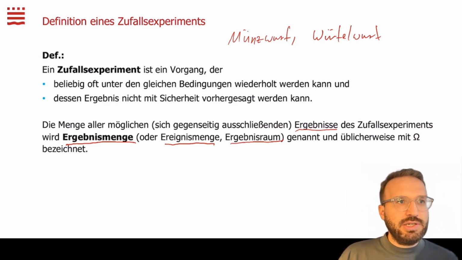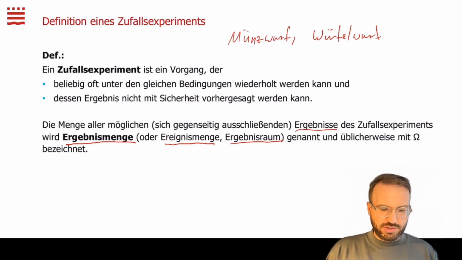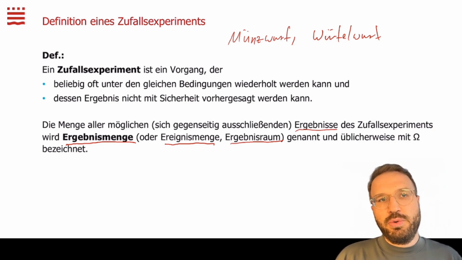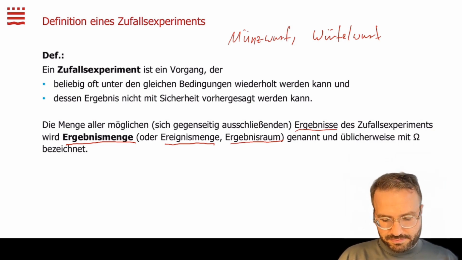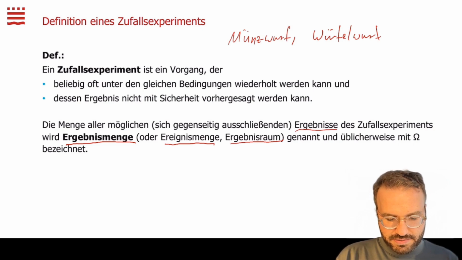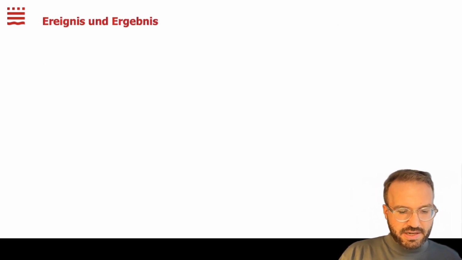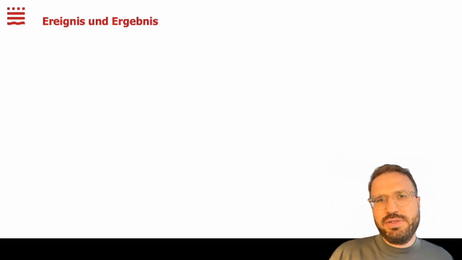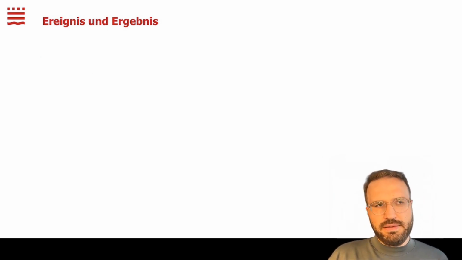Let's do an example to clarify this. In the coin toss, there are 2 outcomes, while in the dice roll, there are 6 outcomes. That is omega.